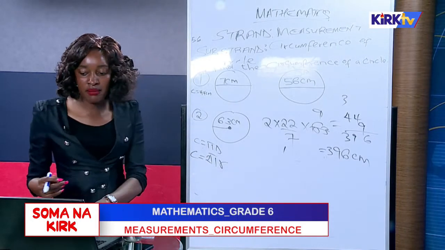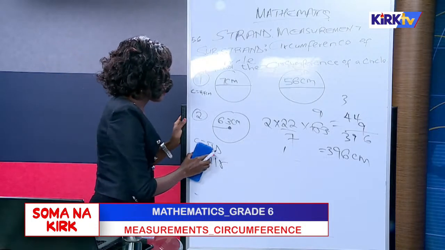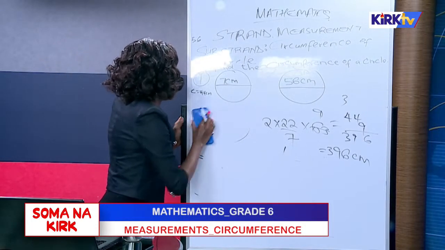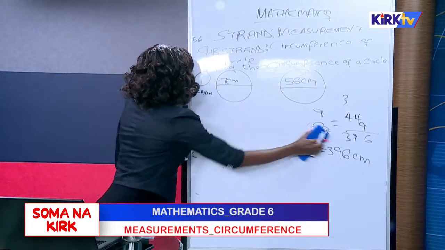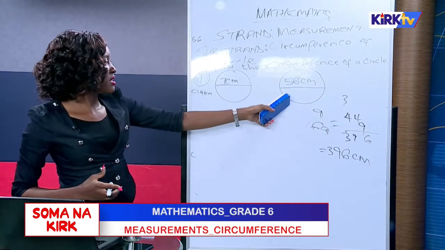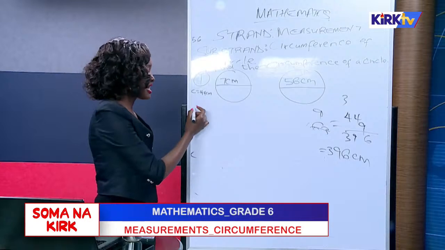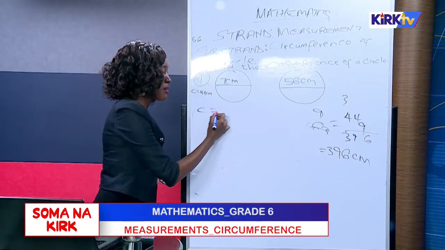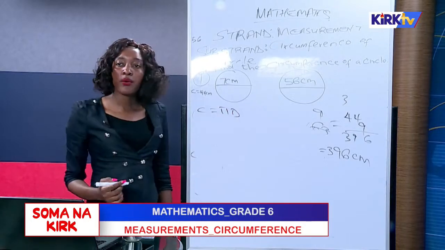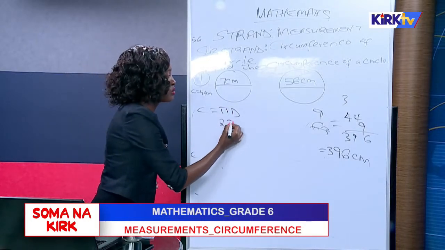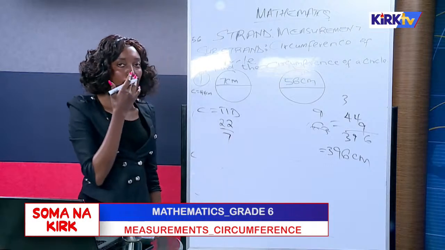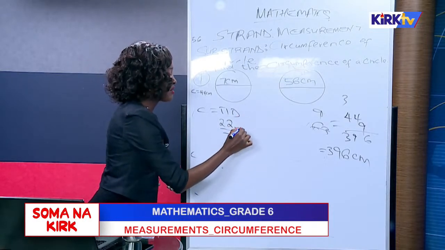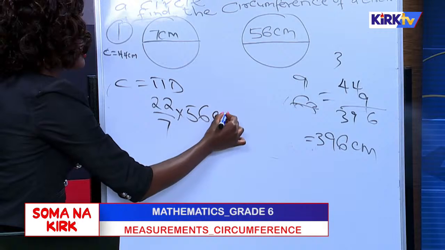And then our last sum. We have 56 as our diameter, so we go to our formula, pi d: 22/7 times the diameter, which is 56 centimeters.